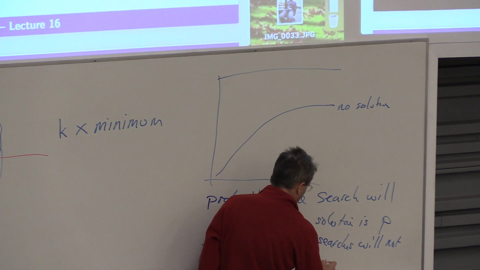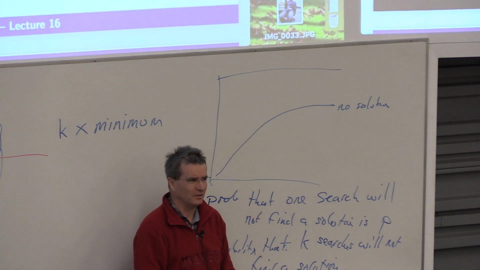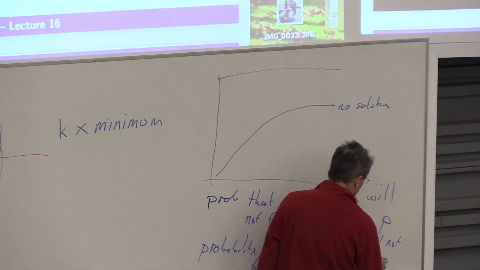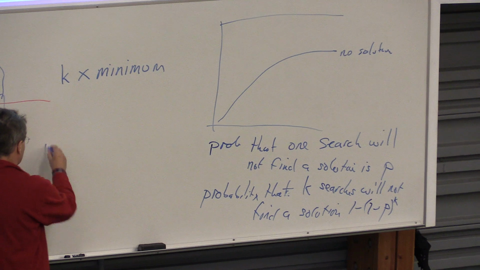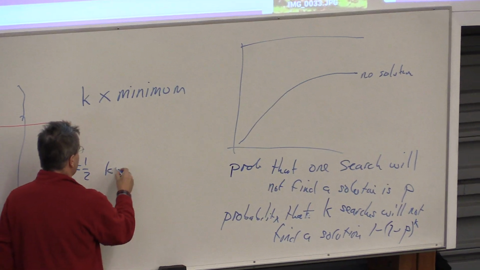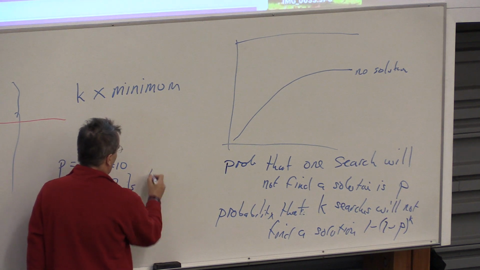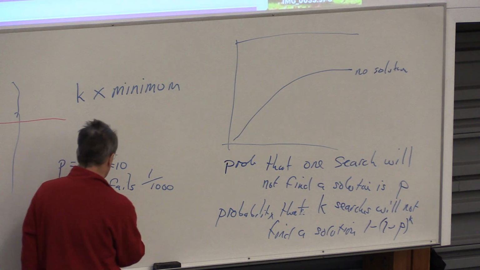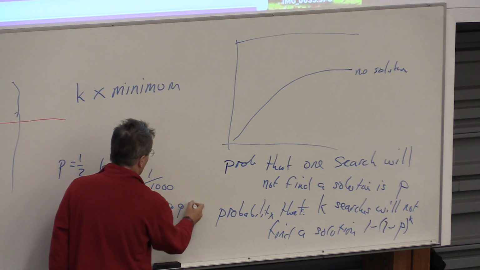Who remembers? You don't have to remember the formula. They all have to fail. So they fail with probability P each, so they all fail with P to the K, and they succeed with 1 minus that. If you work this out, if P is a half and K is 10, it fails with probability about 1 in 1,000. So it succeeds 99.9% of the time.